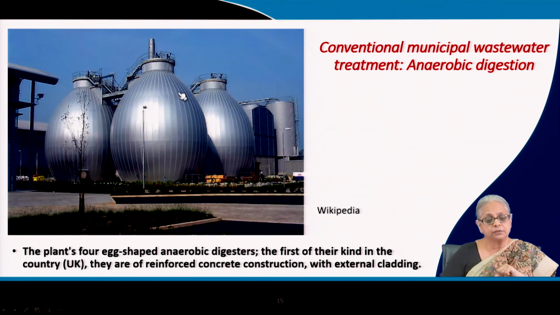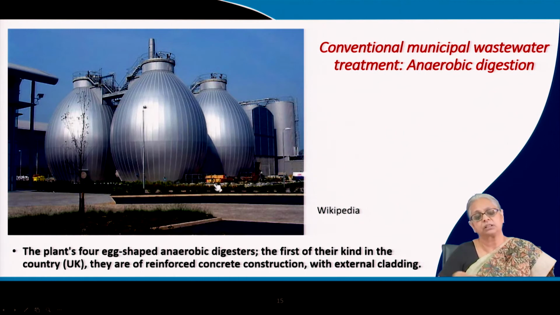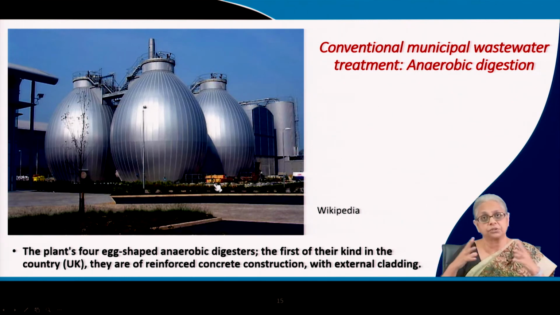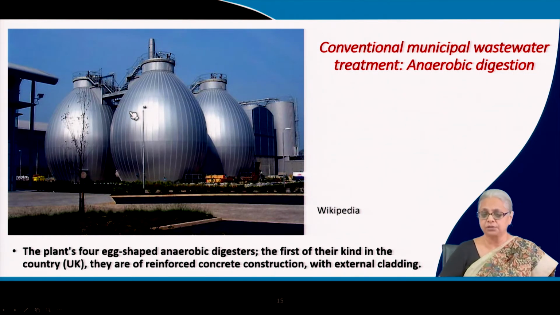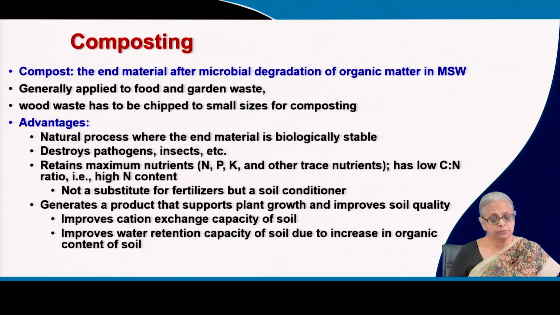You can see that this is provided with cladding, and that is simply to provide insulation and keep the heat within the digester. Remember, a lot of heat is being generated in the anaerobic digestion process, and it's useful heat. So that heat has to be kept trapped within the digester to improve the efficiency of the digestion process. So that's it.